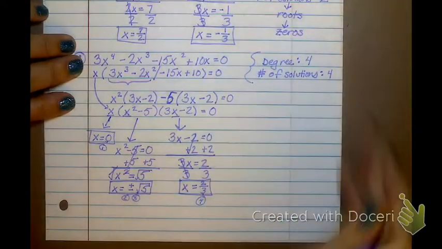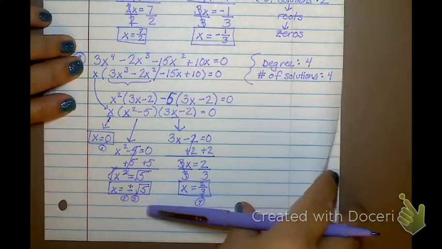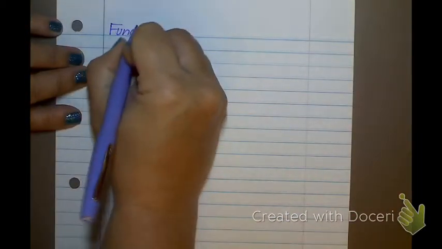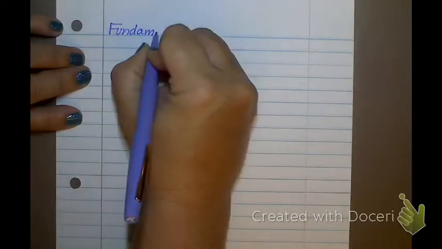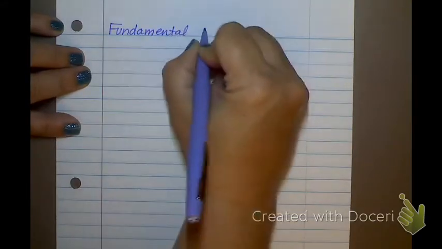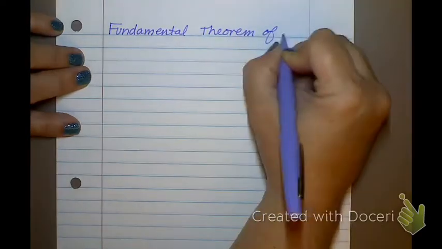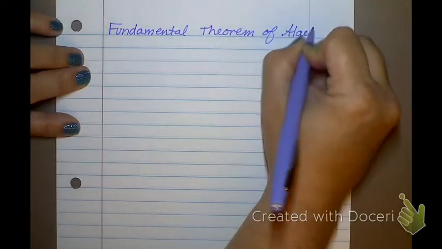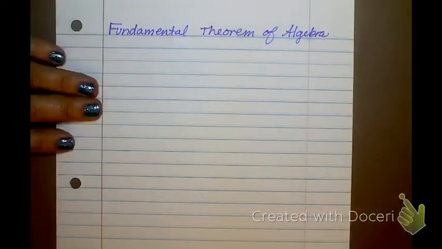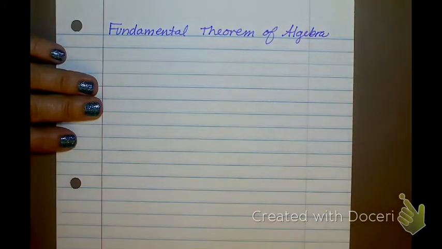So, going back to discuss this idea right here, the degree and the number of solutions being the same. That is known as the fundamental theorem of algebra. Sounds kind of important just by that name, doesn't it?